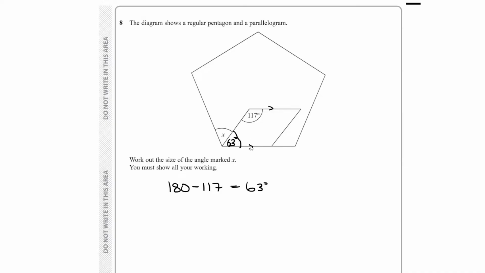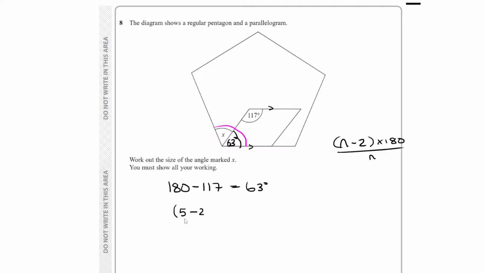Then I was thinking, well, what is this whole angle here? This whole thing, because that includes X. Well, that's where the pentagon comes into it. So our formula, which I think you had to use in paper 1, is something along these lines. If we want to know one angle in a regular polygon, this one's a pentagon specifically, we do n, the number of sides, so 5 minus 2.